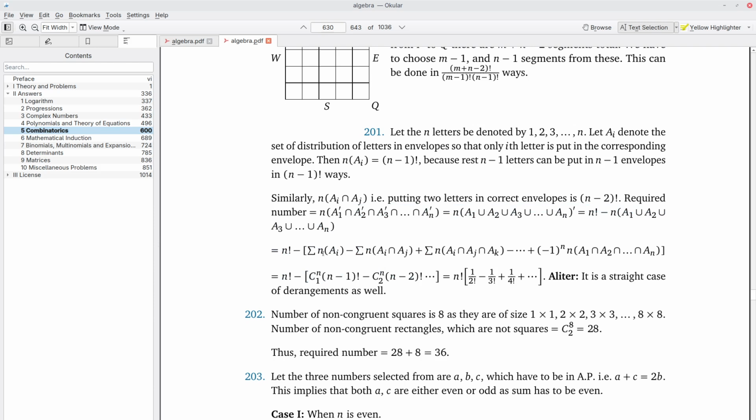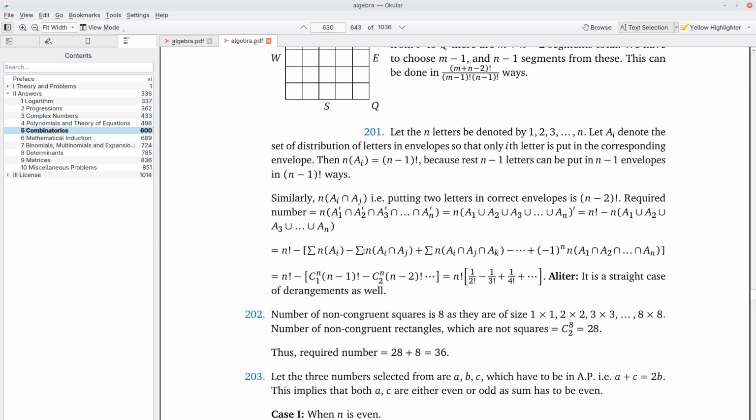Now, if you look at sigma n(Ai), n(Ai) we have already figured out to be (n-1)!. Now, if you put i equal to 1, 2, 3 through n, you are selecting one out of n. So it is nC1 multiplied by (n-1)!.